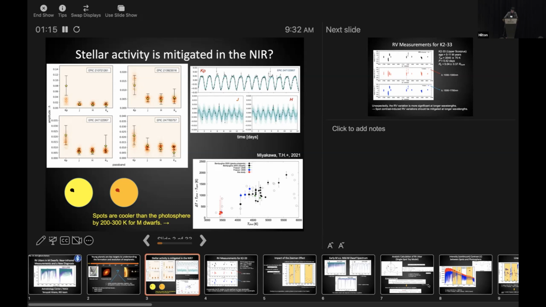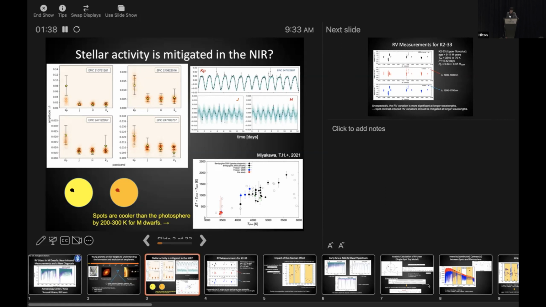Here we show the results of 4 M dwarfs. As a result of JHK band observations, we found that for all M dwarfs, the photometric variability amplitudes are suppressed in the near infrared by a factor of 2 or 3.